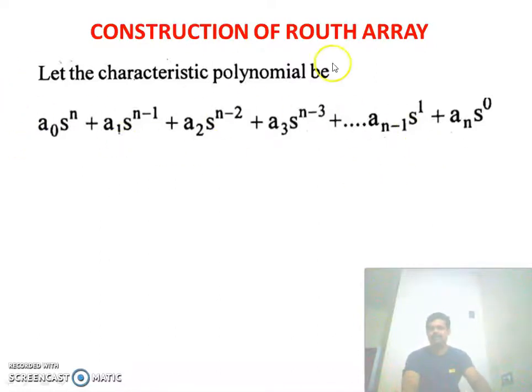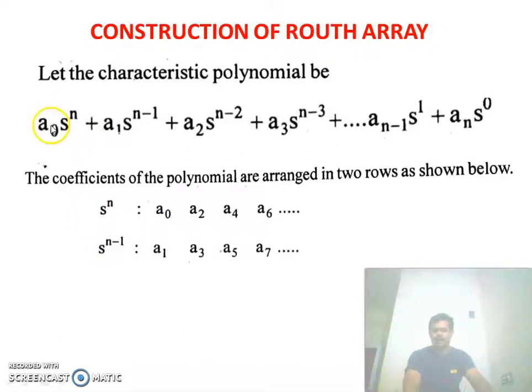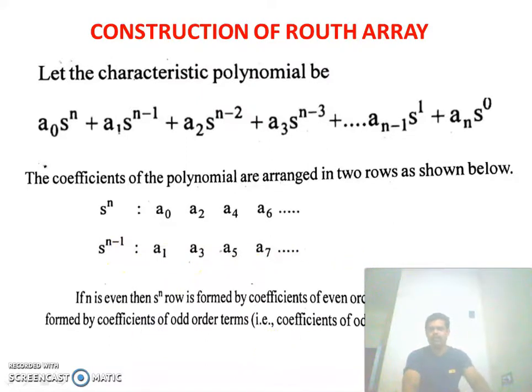This is nothing but the characteristic polynomial. The coefficients of the polynomial are arranged in two rows as shown below. First one is s to the power n, second one s to the power n minus 1. So a0, a2, a4, a6, a8, and here a1, a3, a5, a7. So this is the construction of the Routh array.